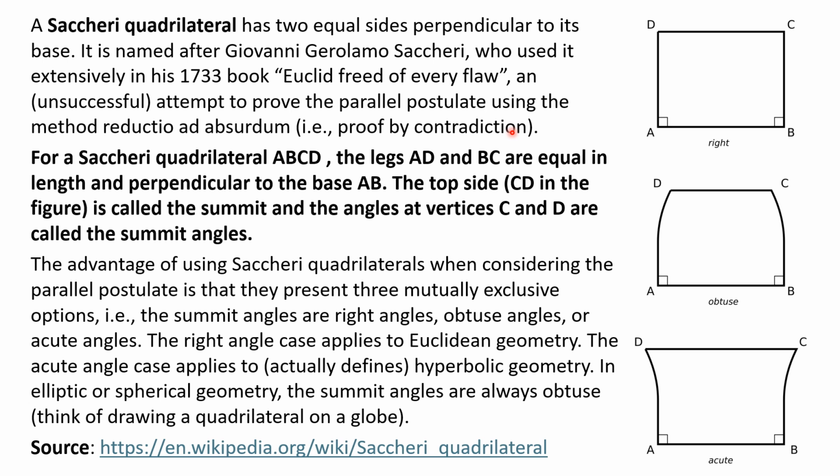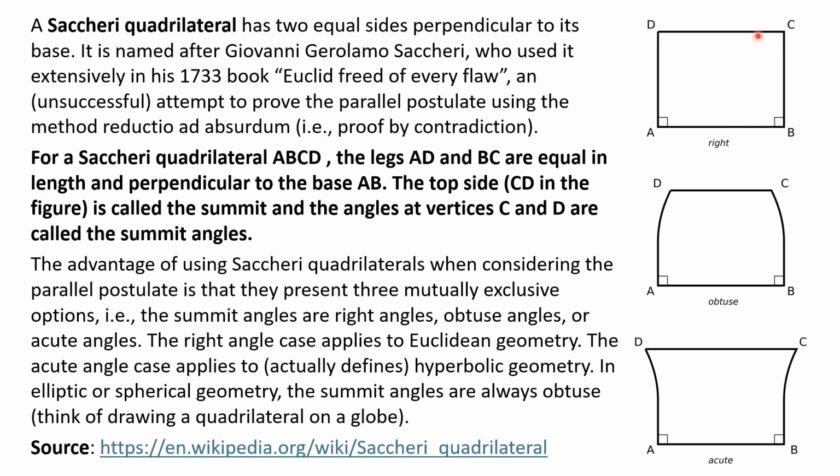So let me explain what are the summit angles, and in general, what's this Saccheri quadrilateral. So we have three versions of it here. It's a four-sided figure. The legs AD and BC are equal in length and perpendicular to the base. That's always true.